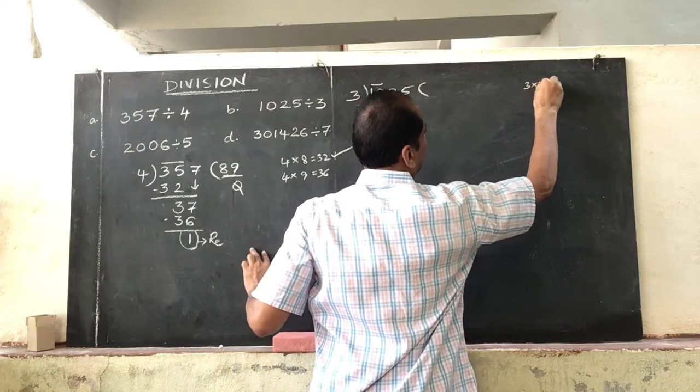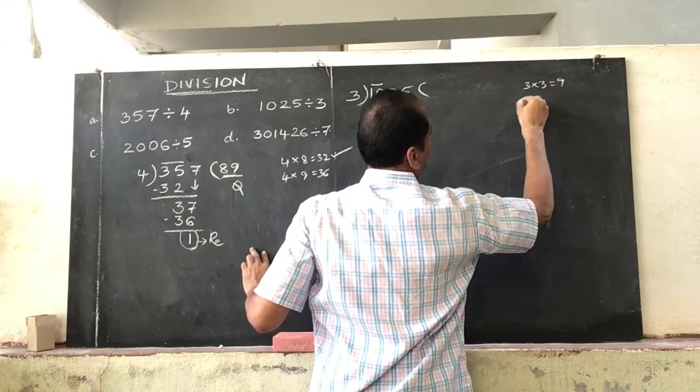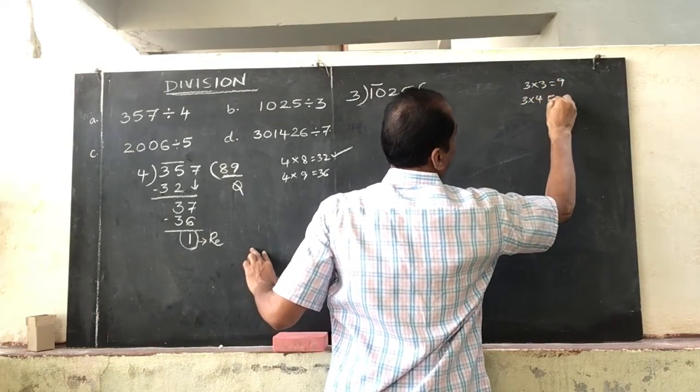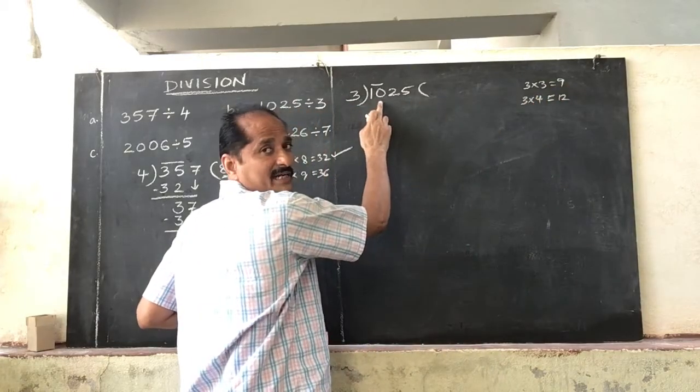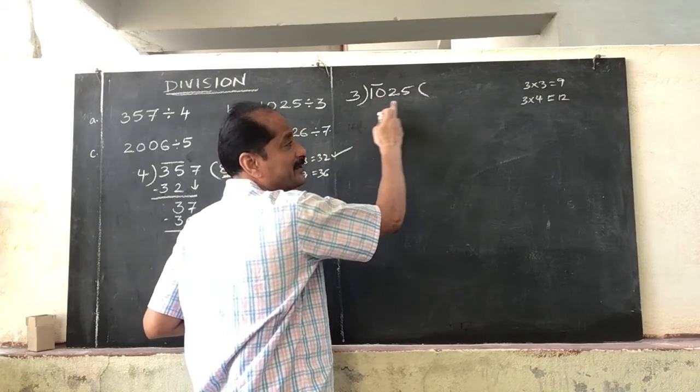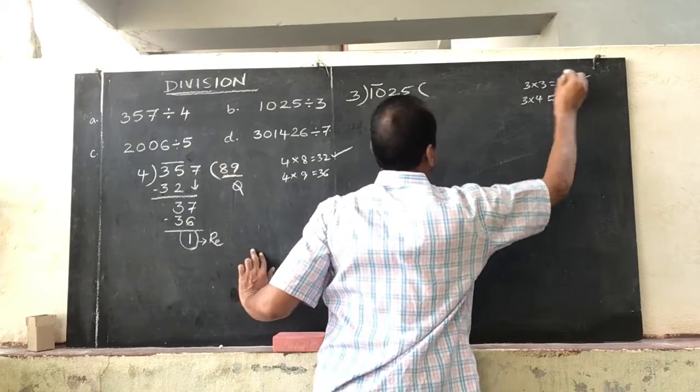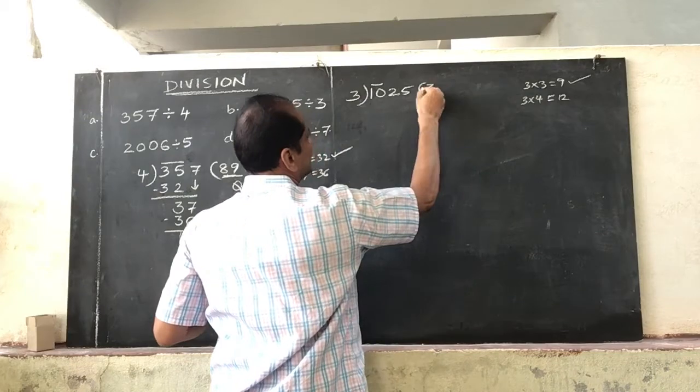What should we take, 9 or 12? 9 only, because from 10 we can take out 9, but we can't take 12. So 3 3's are 9.